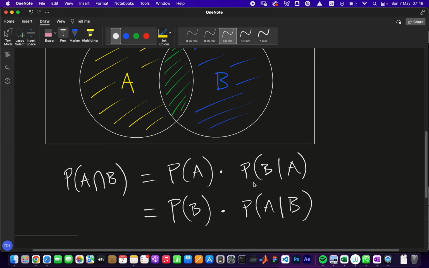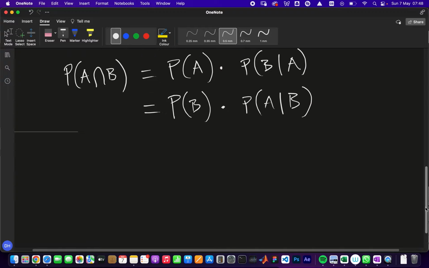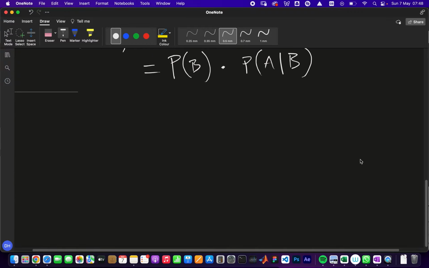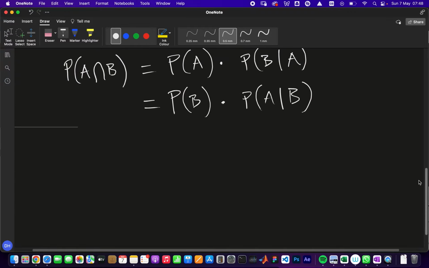I'm going to take these last two bits and just write them out on the same line here, like this. You've got the probability of A times probability of B given A, which is the same the other way round.